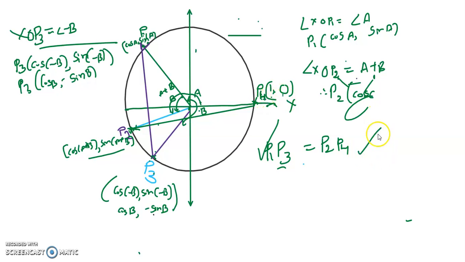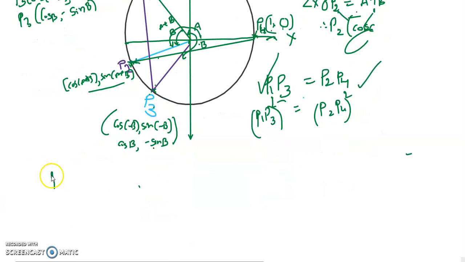Therefore, we have P1P3 is equal to P2P4. By squaring on both sides, I can have P1P3 square is equal to P2P4 square. By the distance formula, I can find out P1P3 and P2P4.